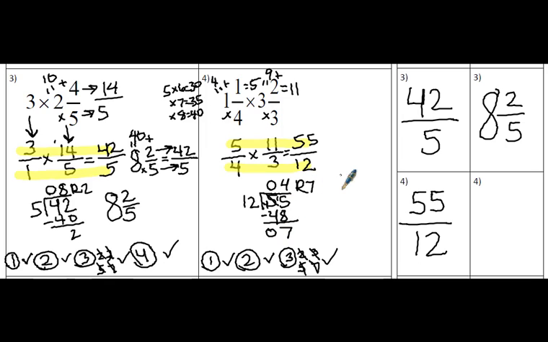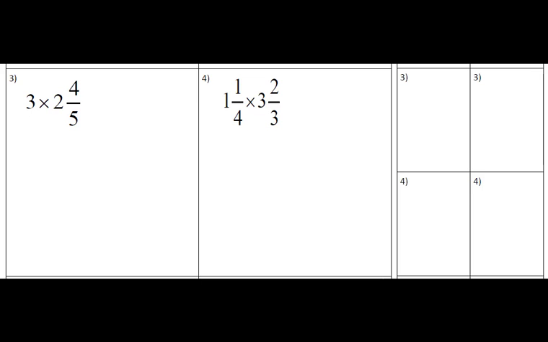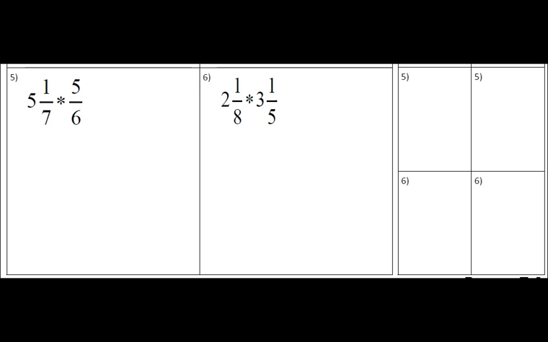So it goes into 55 4 times with a remainder of 7. So I can make 4 wholes, and I'm going to have 7 of those 12ths left over. So 12 times 4 is 48, and then 48 plus 7 is 55. So I know that 55/12 and 4 7/12 are equivalent.